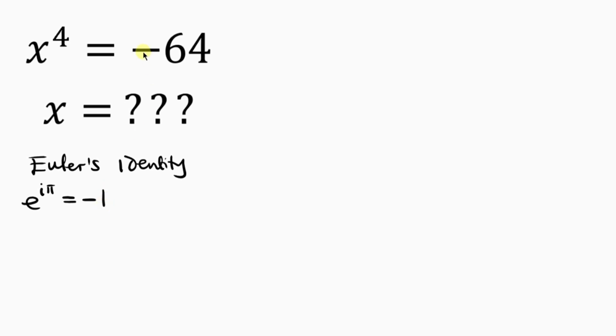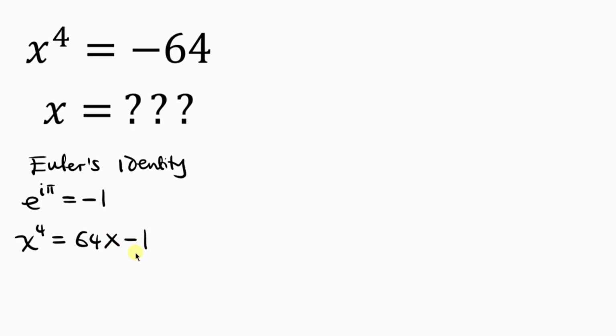So we're going to be modifying the right-hand side of this equation such that it has negative 1. So let's go ahead and modify. x to the fourth equal to negative 64 is the same as 64 times negative 1.